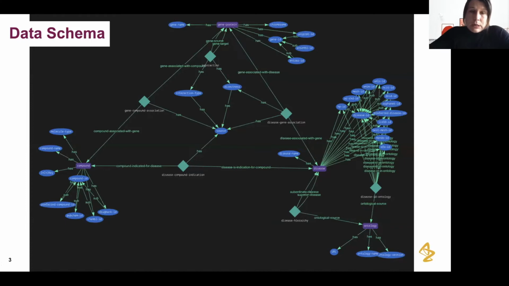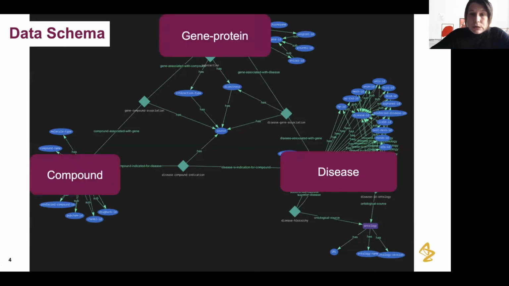So this is our data schema from Grakn for building our biomedical knowledge graph. Very important to say that we have three main entities. Remember I mentioned we have a goal: we are building this graph with the aim to predict novel targets.